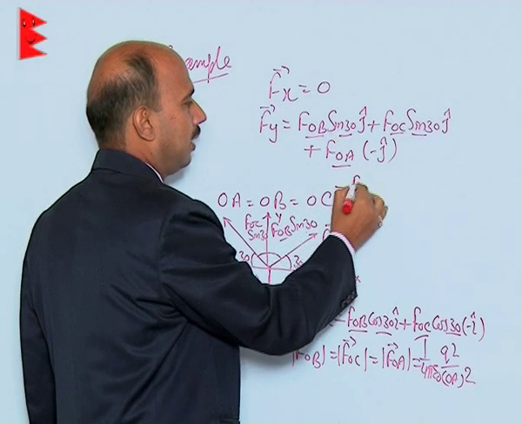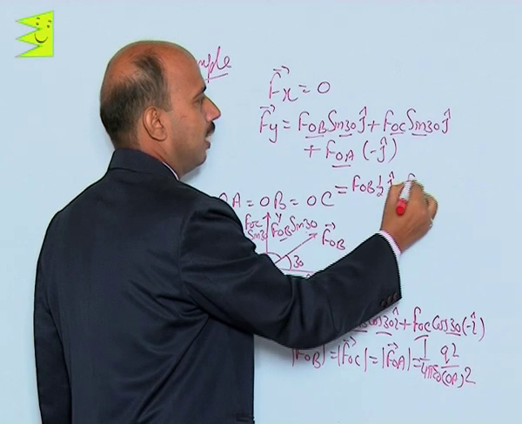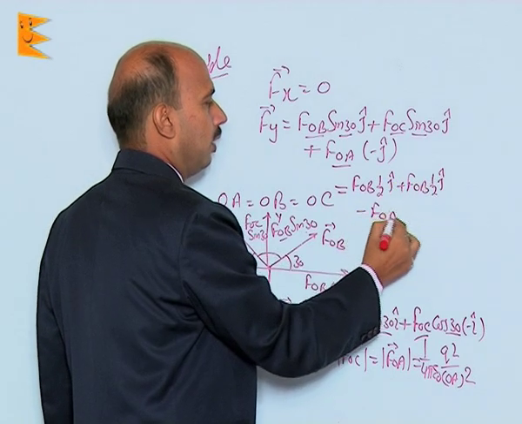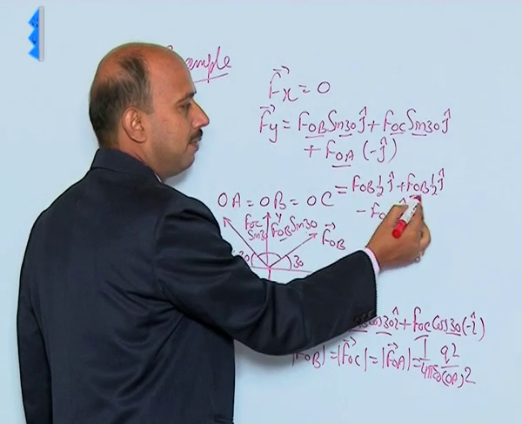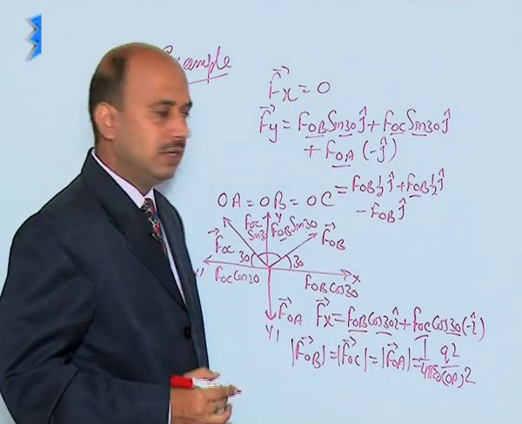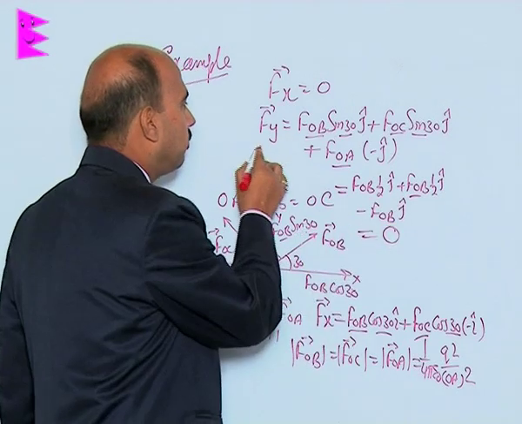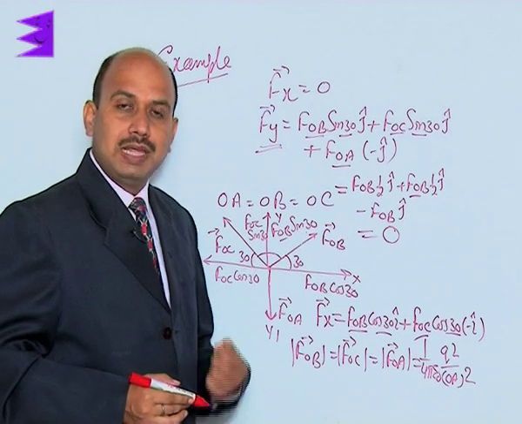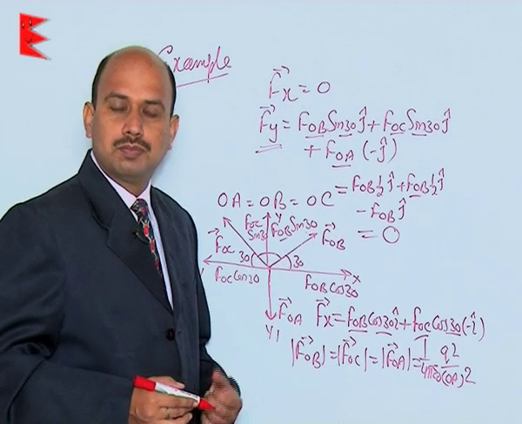So we can write FOB 1 by 2 j cap plus FOB 1 by 2 j cap minus FOA j cap. In place of FOC I have written FOB, and in place of FOA I am writing FOB. It means all are equal. When you solve it, you will be getting 0. So total force along y axis is also 0. So the net force experienced by the charge placed at the centroid is equal to 0.